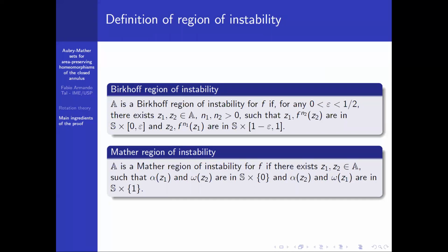But there is a result with Salvador Zanata and myself that shows that if your rotation set is not a single point, then if you have a Birkhoff region of instability, you're always going to have a Mather region of instability. But I'll just treat everything as a Mather region of instability here because it's the strongest one, and it's the one we need for the things we're going to do.